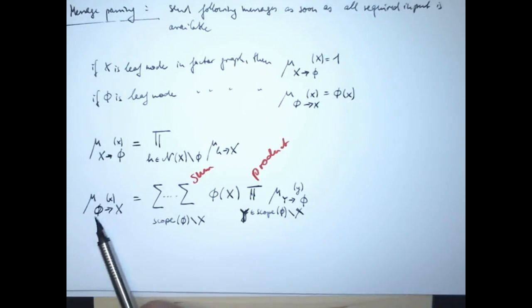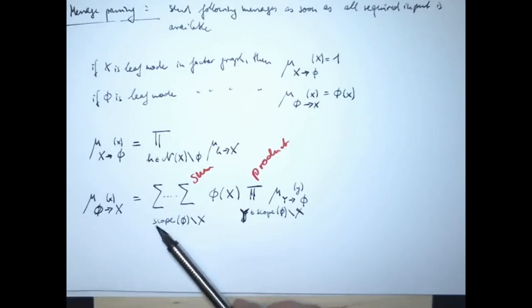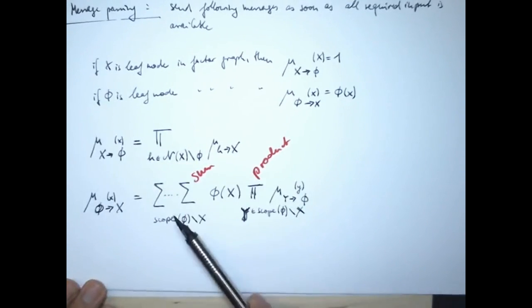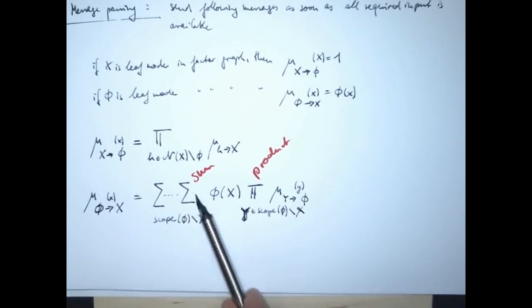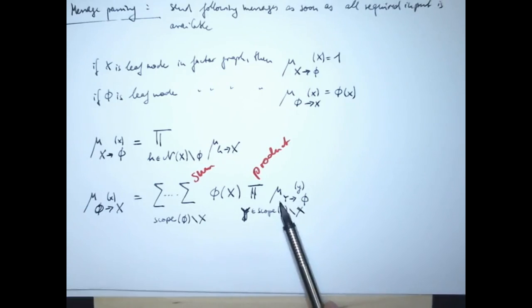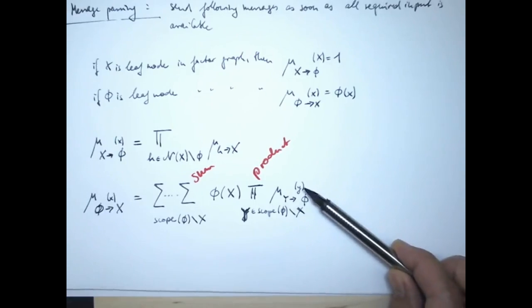And this information that this factor has is given by a summation where all unnecessary variables have been integrated out of a product of the incoming messages. So here my neighbors told the factor phi how happy they are with their realization small y.